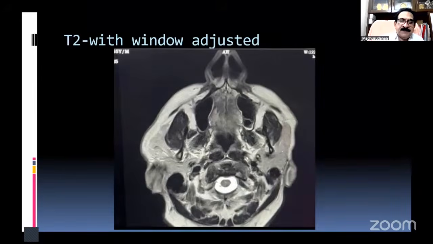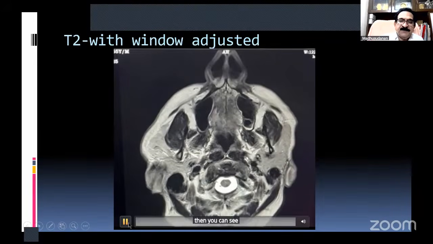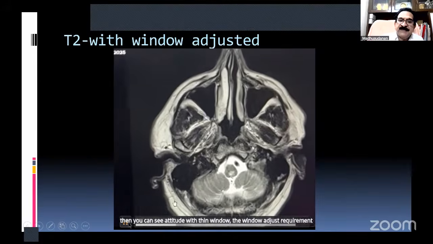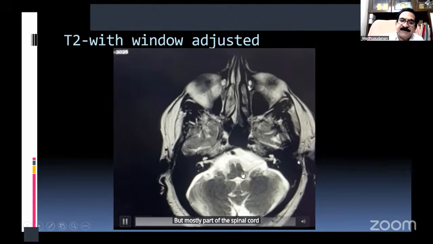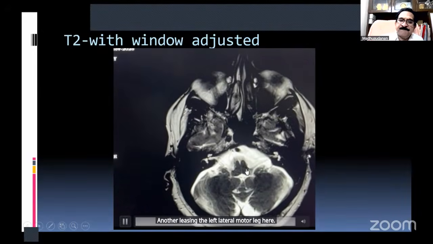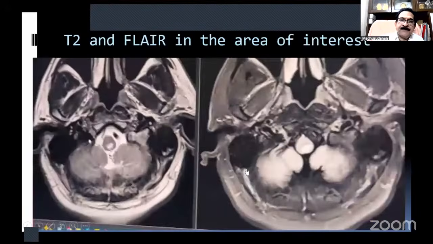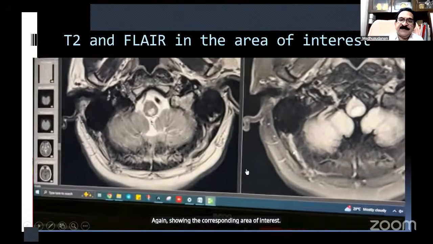On T2 with window adjustment, we can quickly make out the lesion there, almost a part of the spinal cord. Another lesion is in the left lateral medulla here, showing the corresponding area of interest on FLAIR and T2.